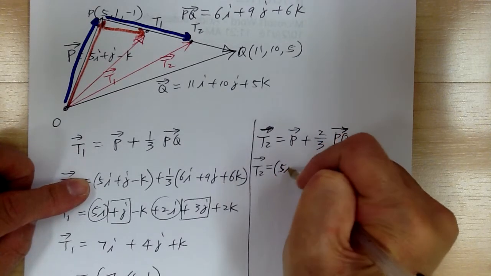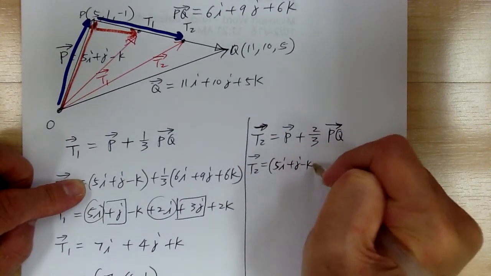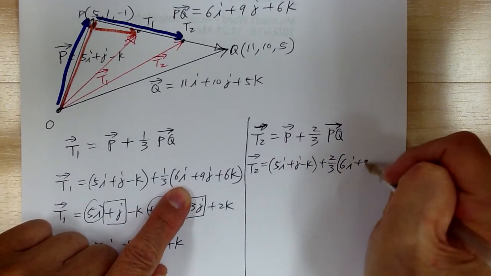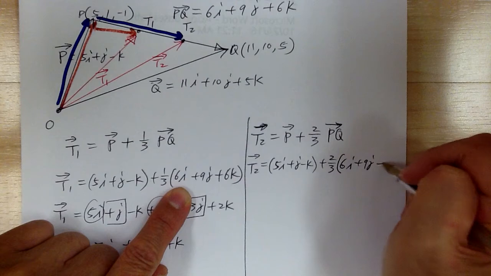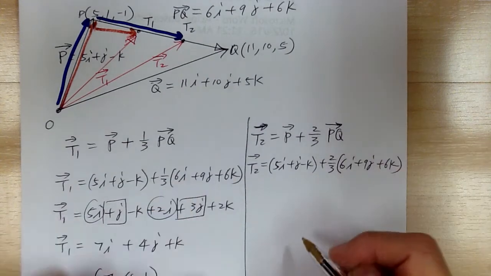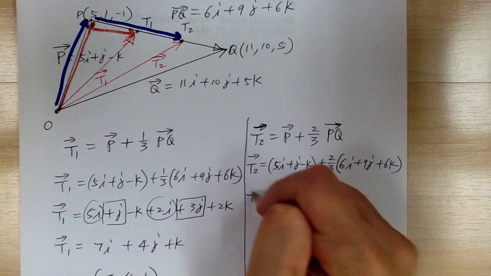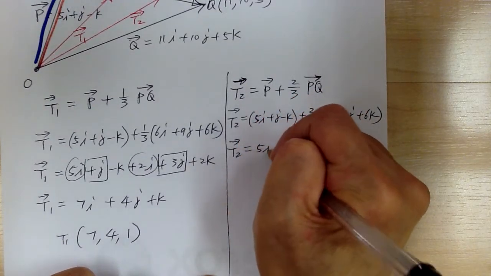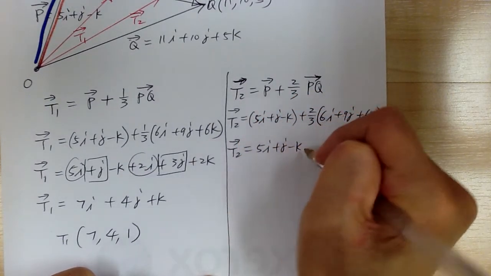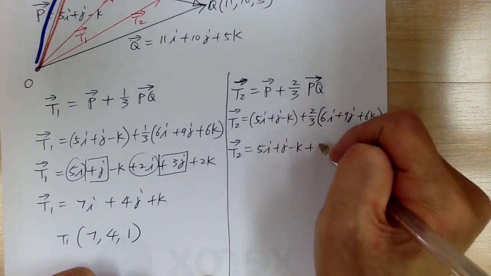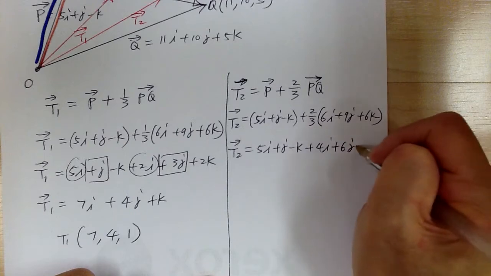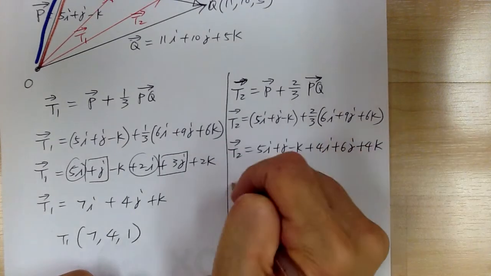So you're going to get 5i plus j minus k plus 2/3 times 6i plus 9j plus 6k. Then go ahead and work things out. So you got 5i plus j minus k plus 4i plus 6j plus 4k.